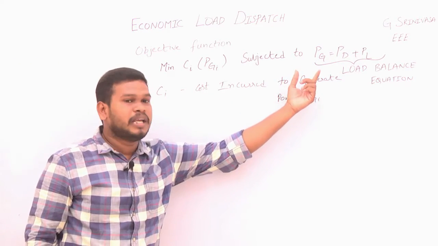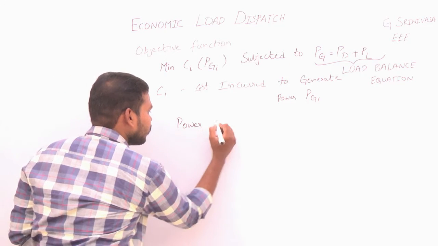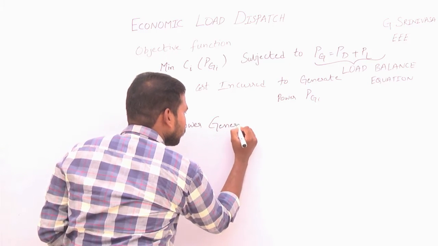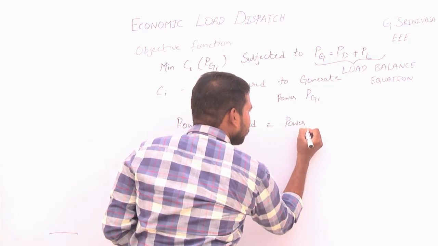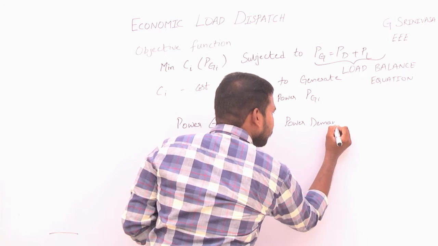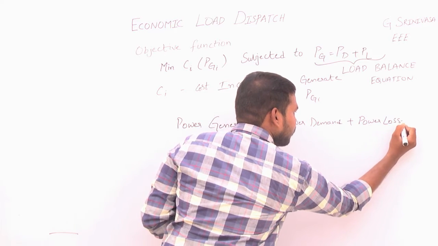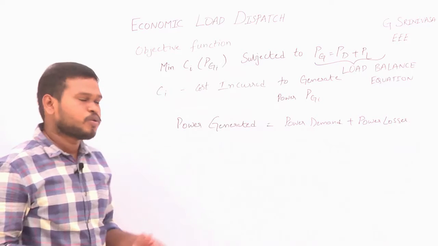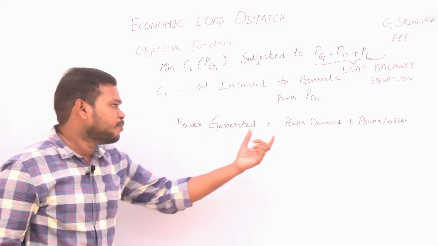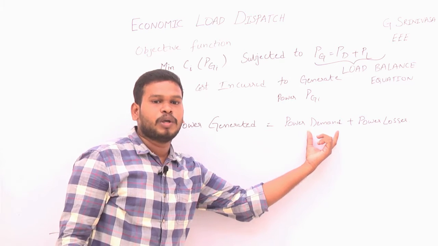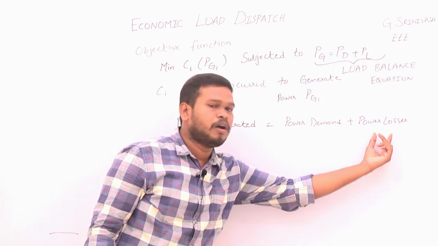That is nothing but an equality constraint, where power generated should be equal to power demand plus power losses. Whatever power is generated at the generating station should be given to the demand, and some amount of power is lost in the form of losses.